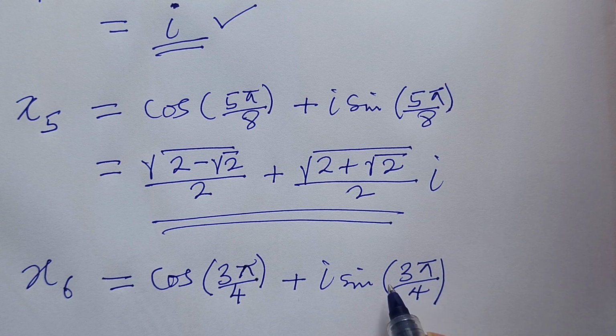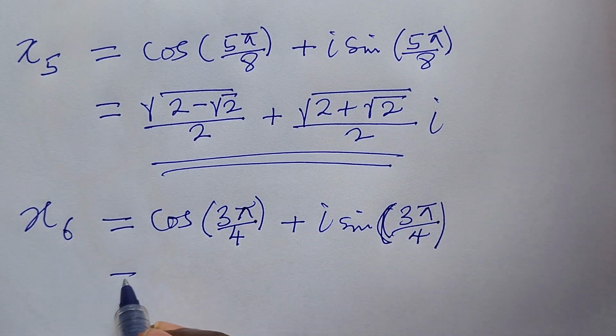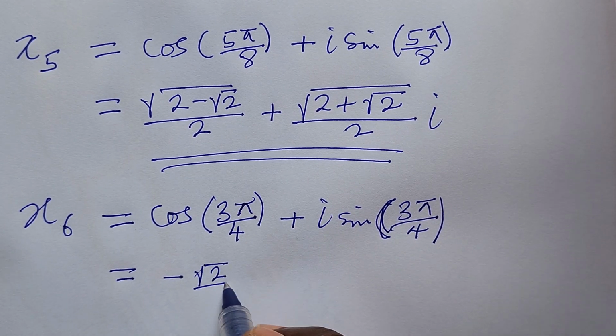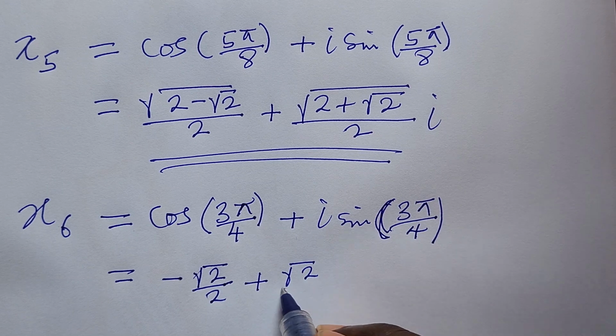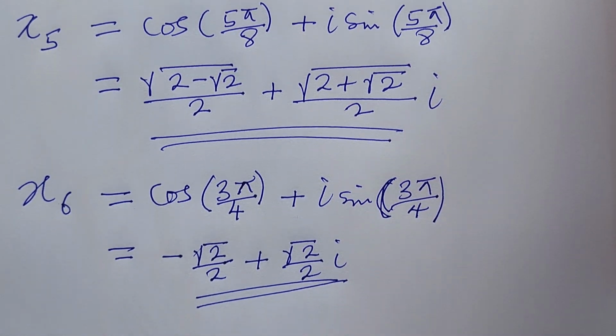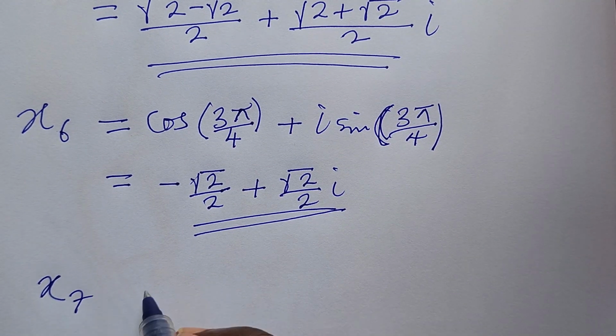Again, solving for the numerical value of this will now give us minus the square root of 2 all over 2, plus the square root of 2 all over 2 iota. Simple.